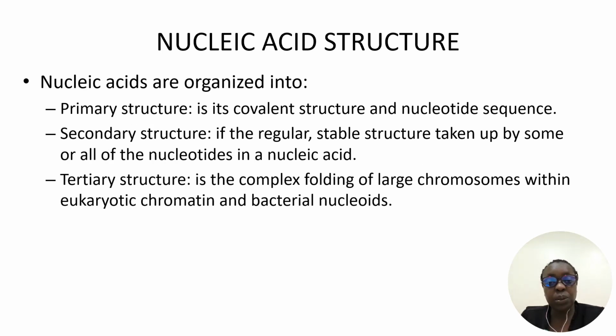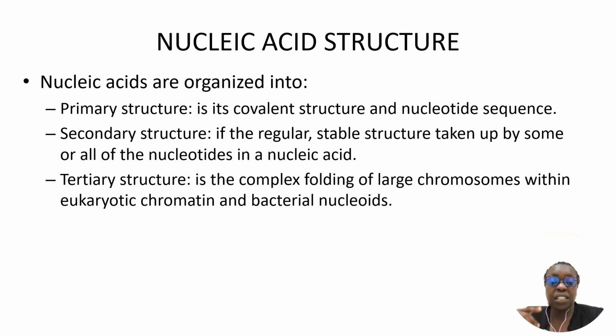So now let us look at the structure of nucleic acid. Similar to proteins, the nucleic acids are organized in their primary structure, where we have the covalent structure made by the nucleotide sequences, how they are organized. And we see the bases, which we can organize as A, T, G, C. Then we have the secondary structure, which is formed by the folding or the interaction of the nucleotides.